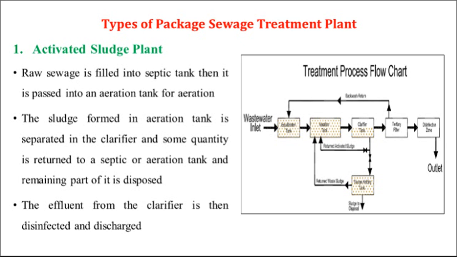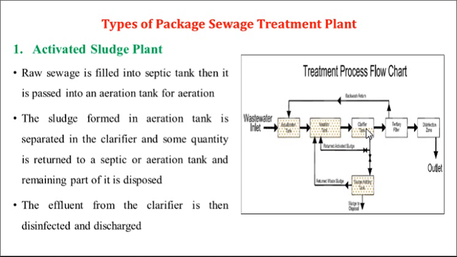Raw sewage is fed into the septic tank, and then passes through the aeration tank for aeration. See here, wastewater inlet is coming to this tank first, and this is the general flow sheet for the activated sludge plant, with recirculation and all these things.